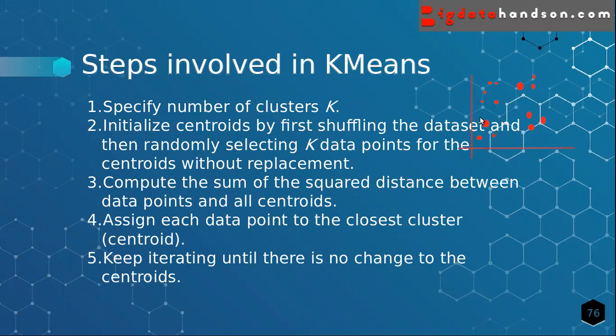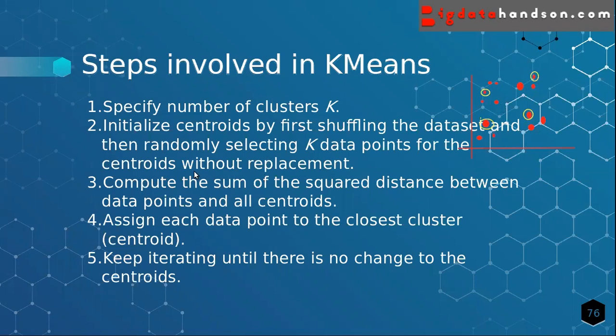Let's say I'm selecting this point, and this point, and here this point, and this point. So we have selected K data points for the centroids. Now these yellow rounded points are the centroids for our clusters.